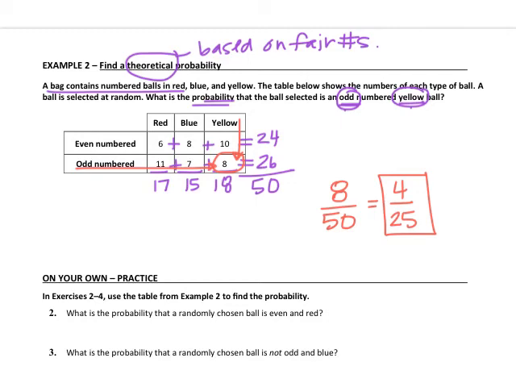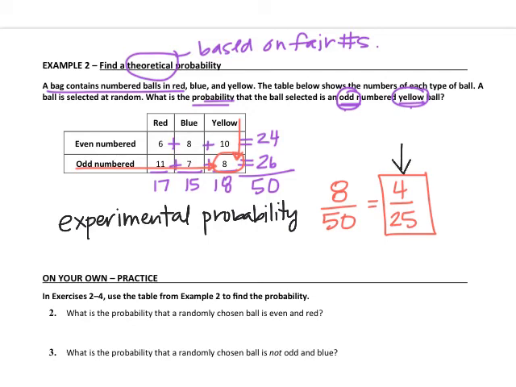And I just want to quickly mention that experimental probability is the keeping track of actual experiments. So experimental probability does not necessarily match up with theoretical probability. So theoretically, each time I draw a number out of the bag, it should be yellow and odd every 4 times out of every 25 times I pull a number.